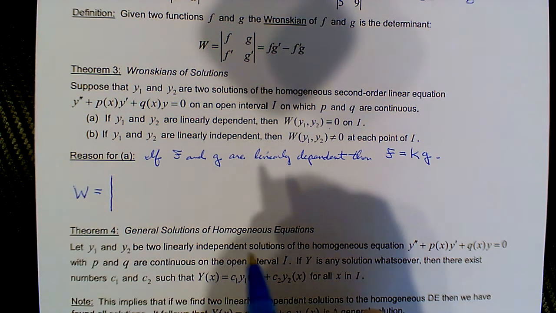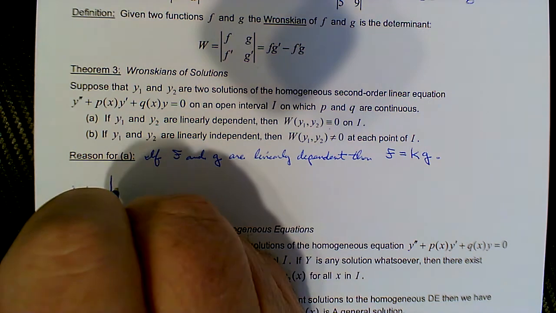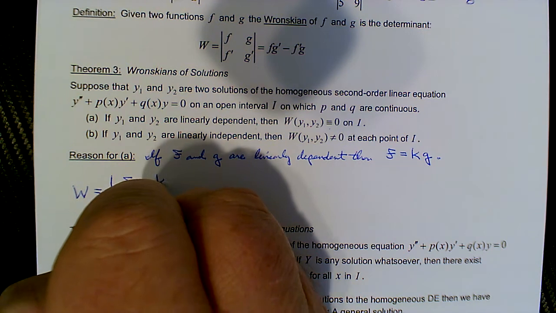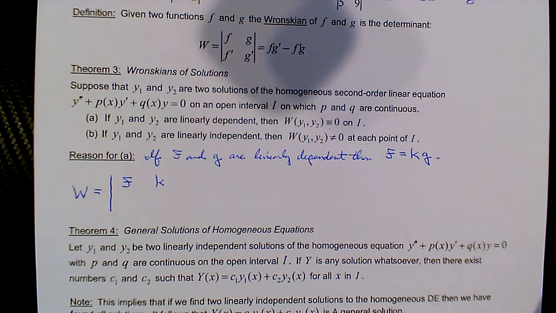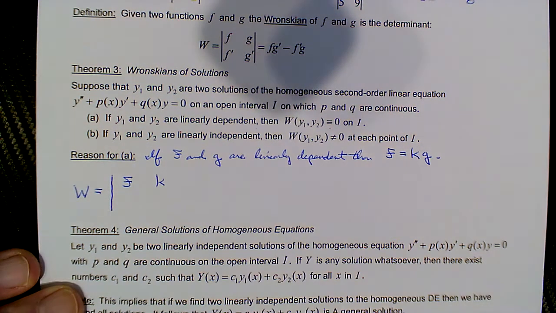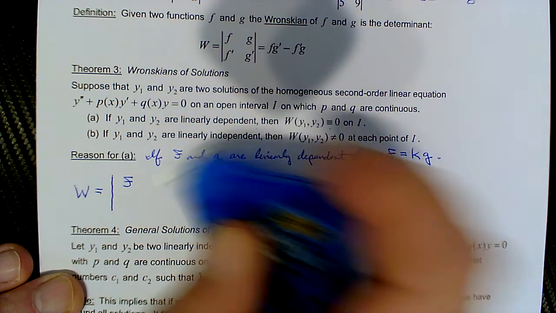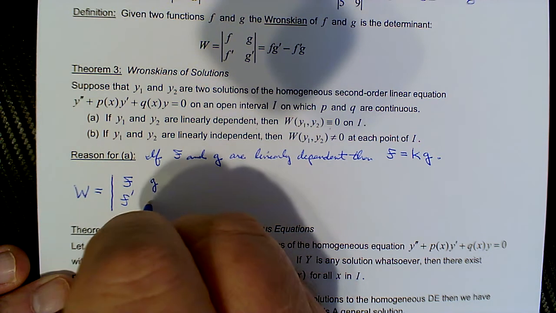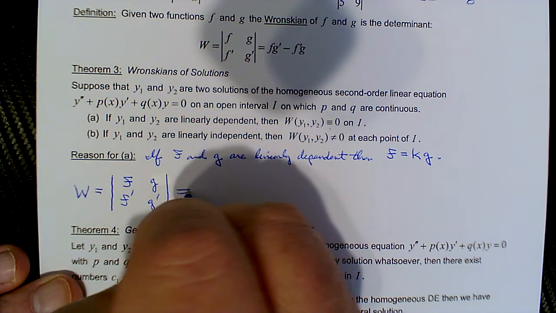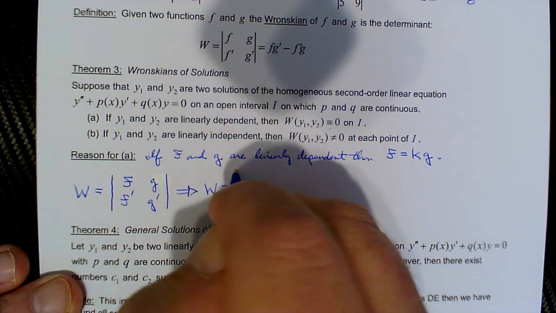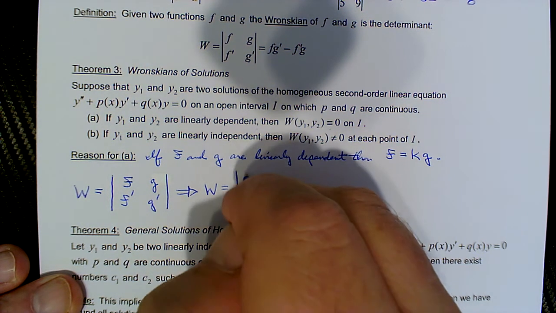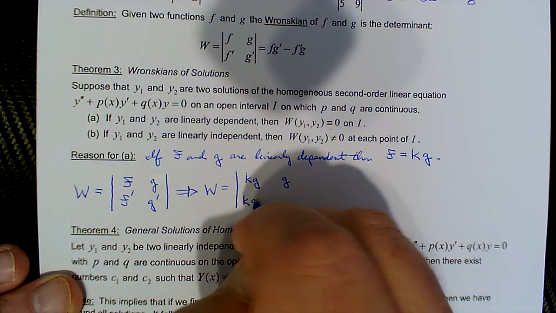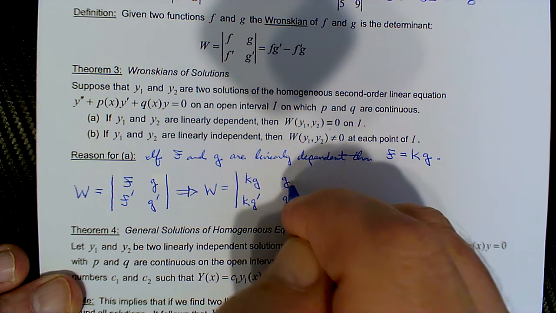the function f, the function g, I'll literally use the definition for now. f prime and then g prime. So then that gives us that w is, okay, f is k times g, so we'd have kg and g, and then the derivatives, kg prime and g prime.